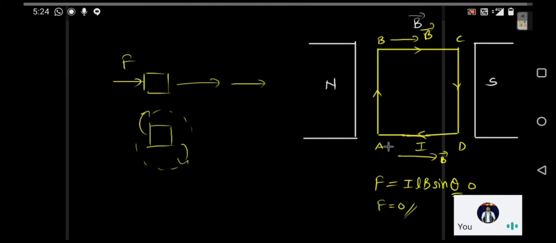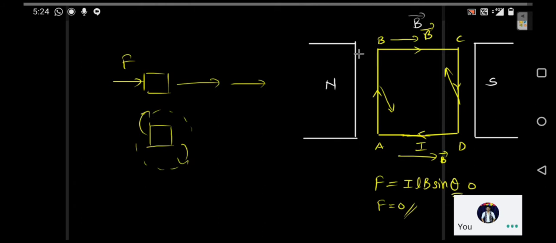As far as these two arms are concerned, that is AB and CD, we saw that using Fleming's left hand rule, the force on AB is going to be downwards and the force on CD is going to be upwards. And we know that on any body, when two equal and opposite forces act which are non-collinear, meaning the forces should not lie in one line, the body will start rotating.